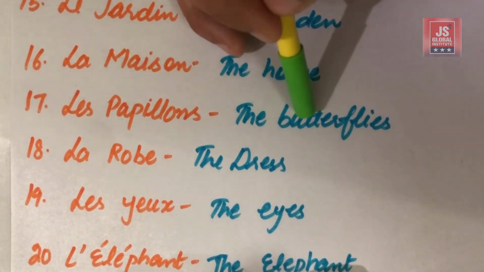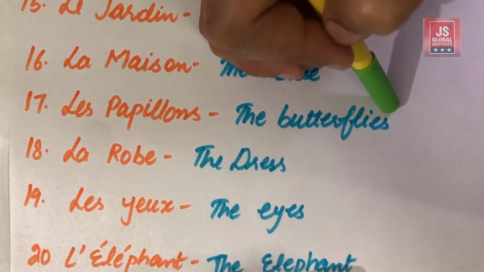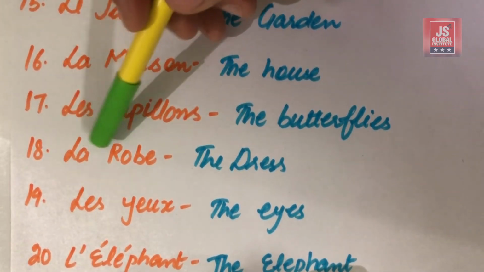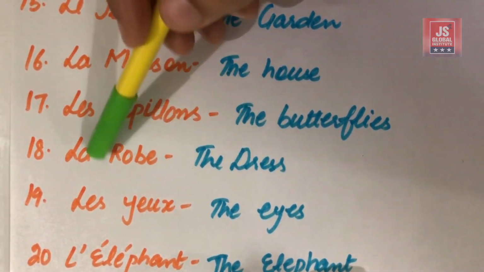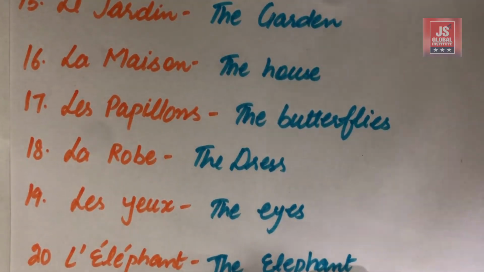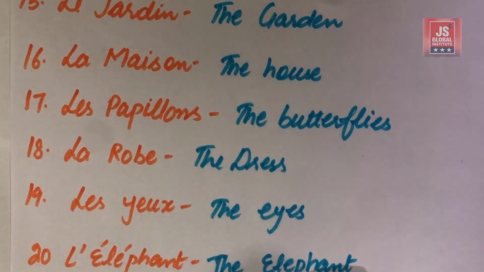That is the butterflies. Alright, next is la robe. What is this robe? That is actually the dress. Whatever dress you wear, for example the dress for women or girls or for men even, it is known as la robe.